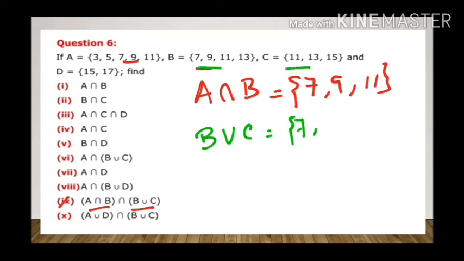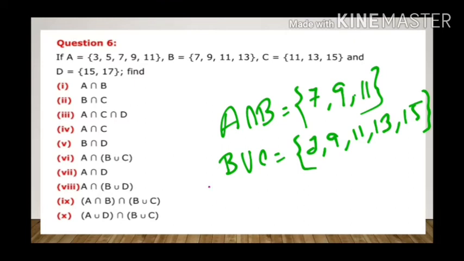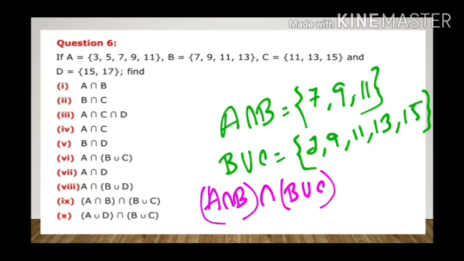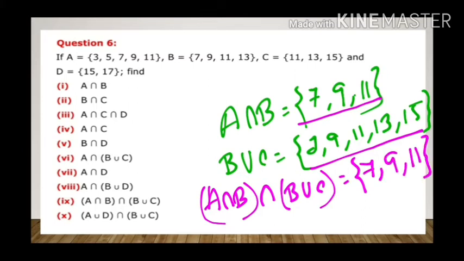All the elements will be 7, 9, 11, 13 and 15. Therefore, (A intersection B) union (B union C) is equal to the common part of these two sets, and the common part will be 7, 9 and 11. Okay, this will be the solution of this one. Clear? The common part is these three elements.